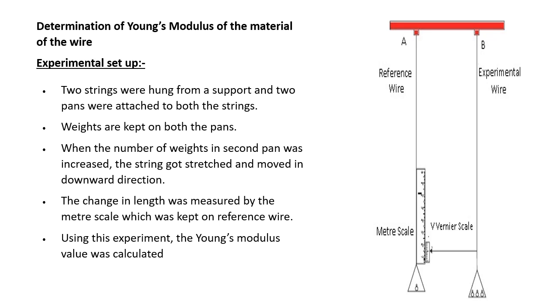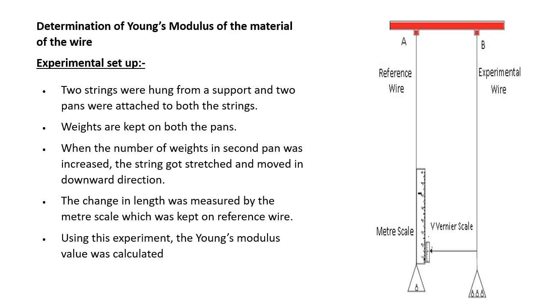Read the position of the pointer on the scale when the pan is empty. Place a weight of, say, 50 grams in the pan and note down the position of the pointer on the scale. The difference between the two readings gives the extension produced in the spring by the weight added in the pan.